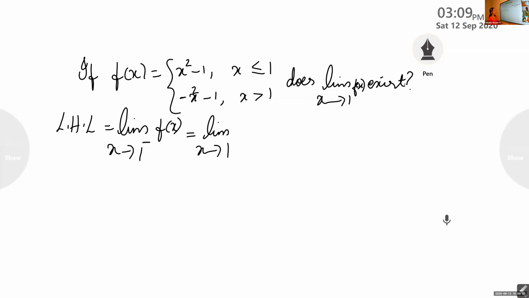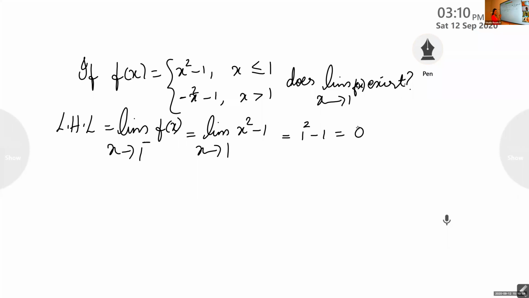It is x square minus 1. So when we put x equal to 1, we get 1 square minus 1, which is 0.